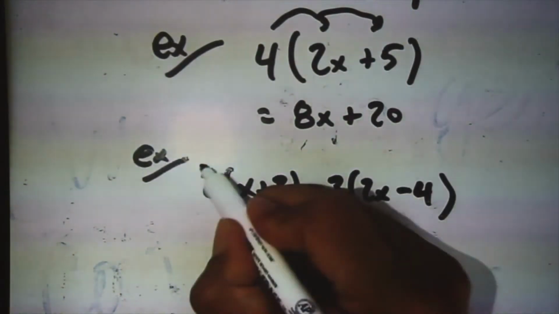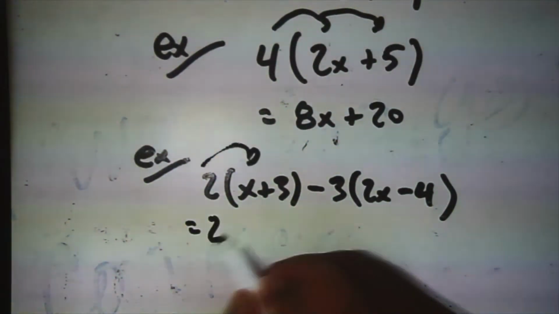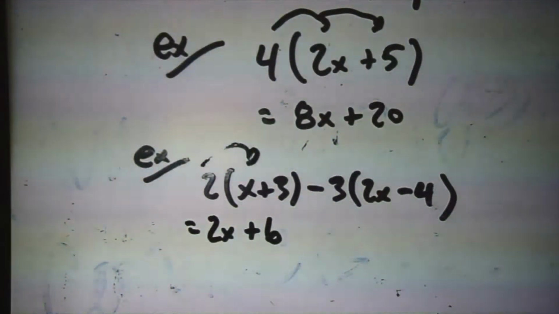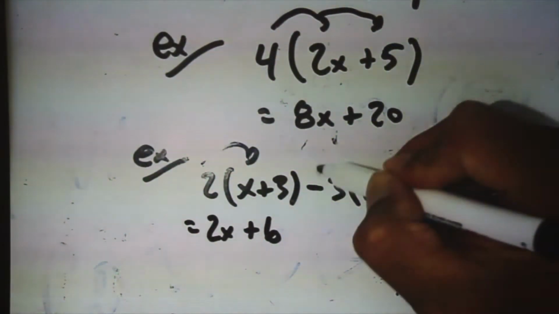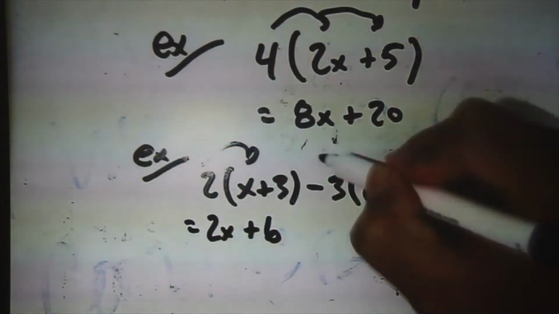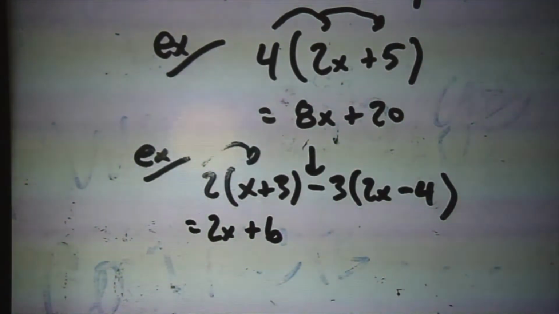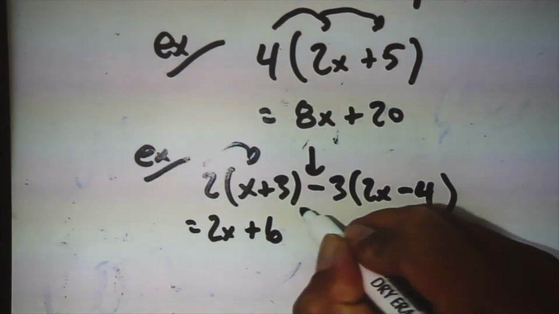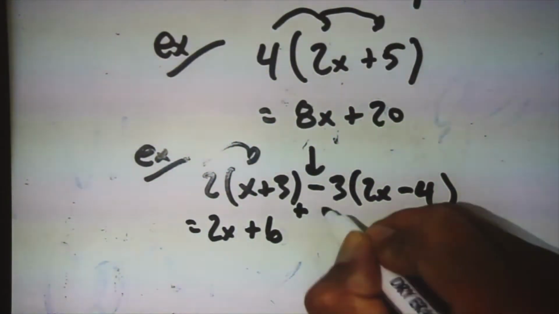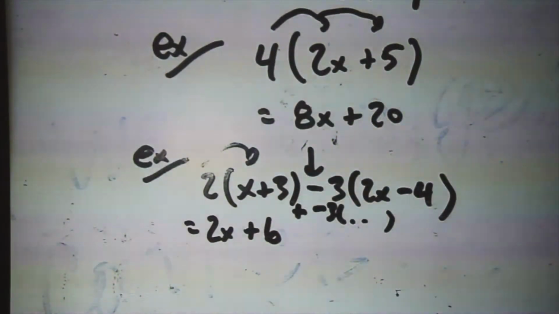We're going to take the 2, distribute to the 2 terms on the inside of this. That would give us 2x plus 6. And then again, an important idea here is this minus 3 quantity 2x minus 4, that negative sign really is attached to the 3. Remember, this is really the same thing as the additive inverse idea. It's plus negative 3, then parentheses 2x minus 4.